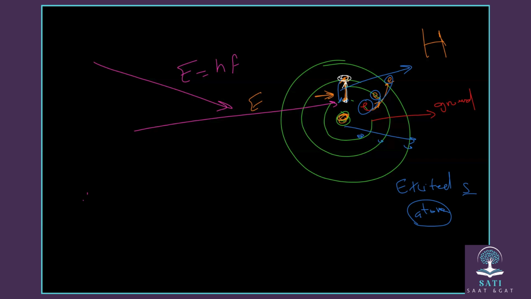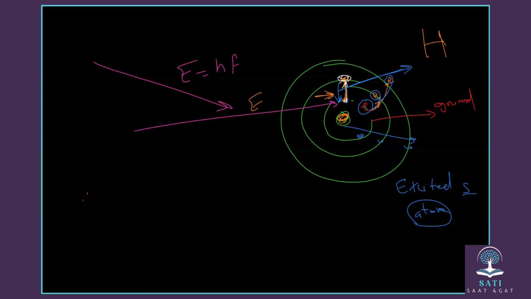That means it loses energy to go from the higher energy level to the lower energy level, and it loses this energy as light. This light, we call a spectrum of emission.